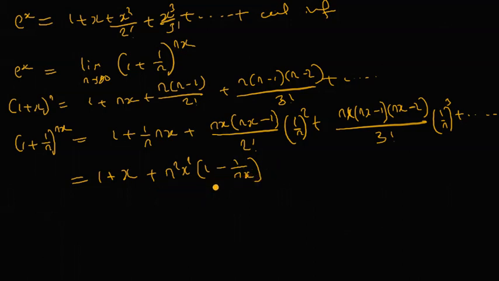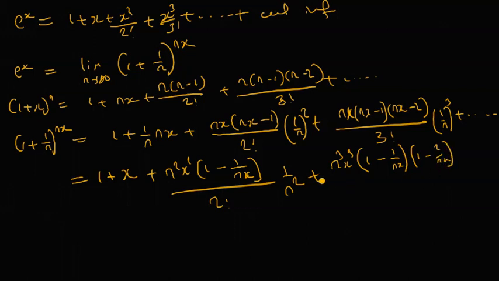So we divide by 2 factorial, then we have 1 over n squared, plus here we are taking out n cubed x cubed, then we are doing 1 minus 1 over nx, 1 minus 2 over nx, all divided by 3 factorial, 1 over n cubed. Then we go to infinity. I won't list the higher powers there.